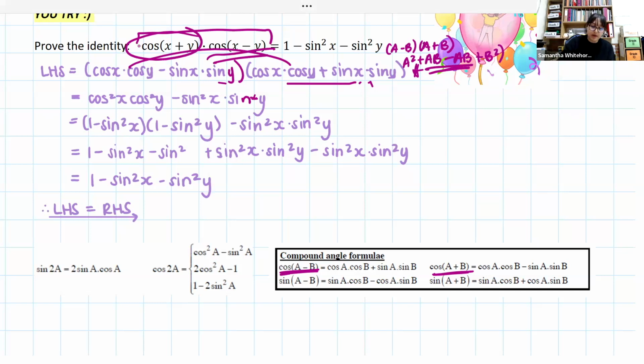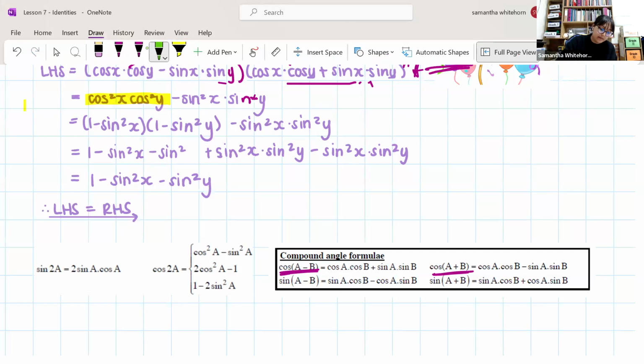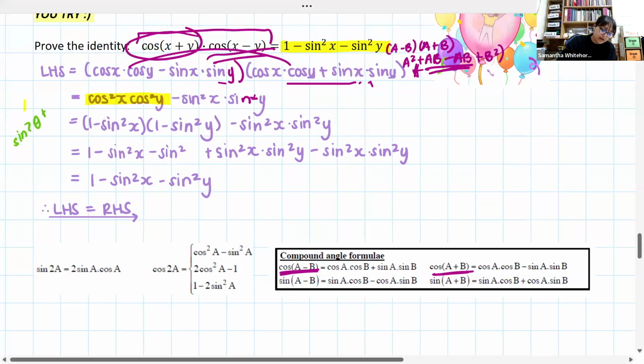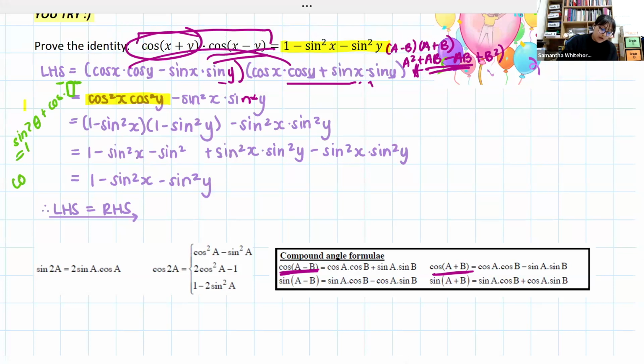Now remember, always go back to what it is you're trying to find. On the right-hand side, I only want sines. Except for that y, it's only sines. So that means this cos squared y needs to go. Remember your square identity, sine squared theta plus cos squared theta equals 1, which means that cos squared theta is equal to 1 minus sine squared theta.